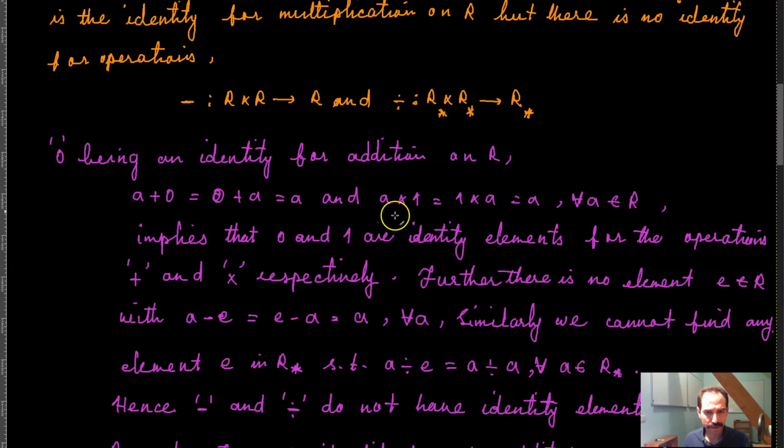And so this implies that 0 and 1 are identity elements for the operations addition and multiplication respectively.